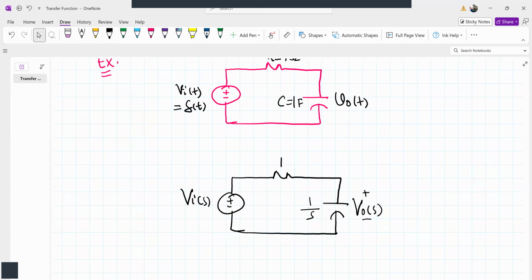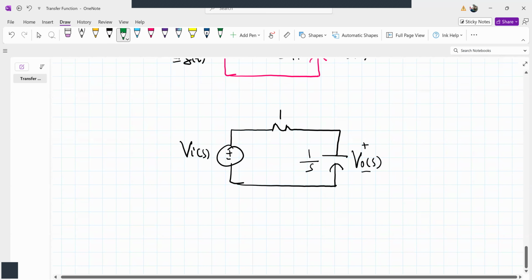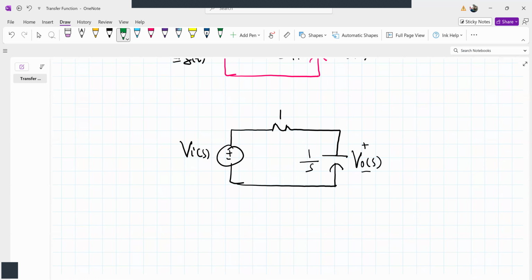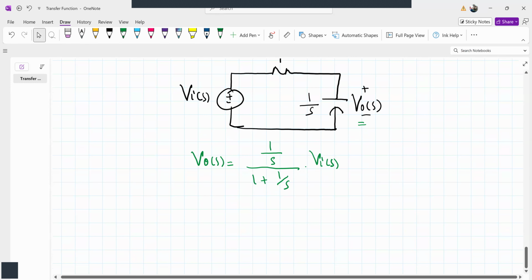So in this network, we have two impedances connected in series with the voltage source. How do we obtain the output voltage? V naught of S will be, if we apply the voltage division rule, 1 by S divided by 1 plus 1 by S, multiplied by the input.